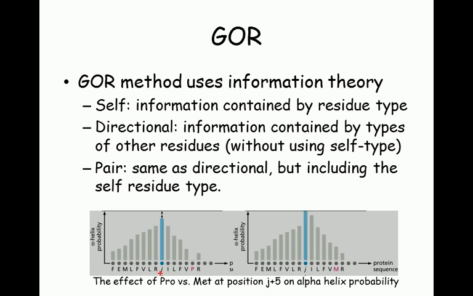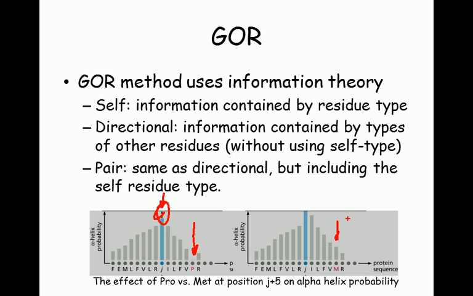So even if I don't tell you what that amino acid is at this location, the fact that you have a proline here makes it less likely that this is an alpha helix. All right.